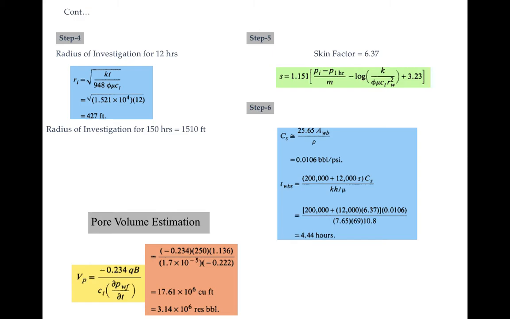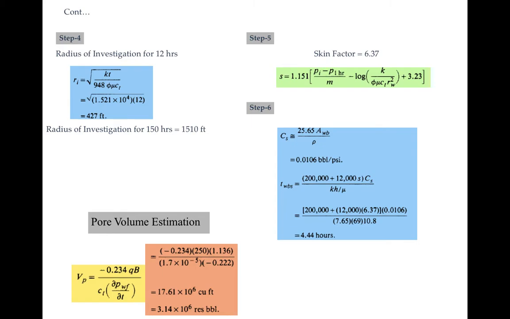Now in step 4, what you can see is that the calculation says that the early time data or the well bore distortion ends at 12 hours. So using radius of investigation, we saw that up to 427 feet, the pressure transient has moved, and all the data is actually well bore storage data.